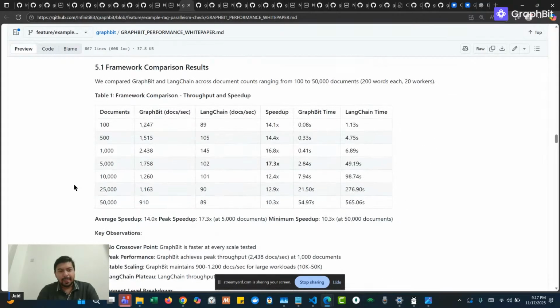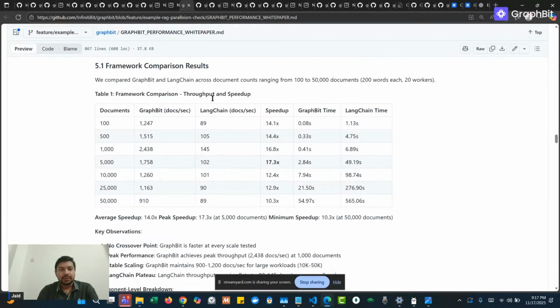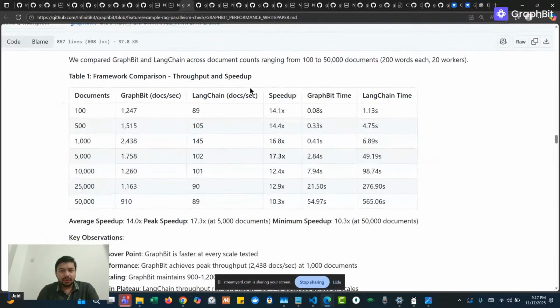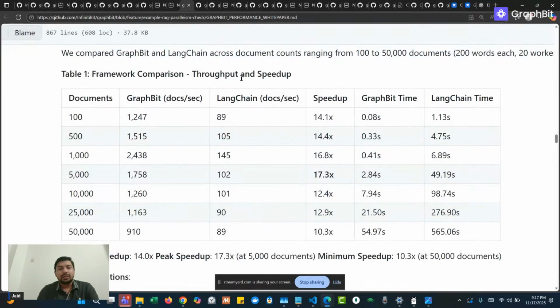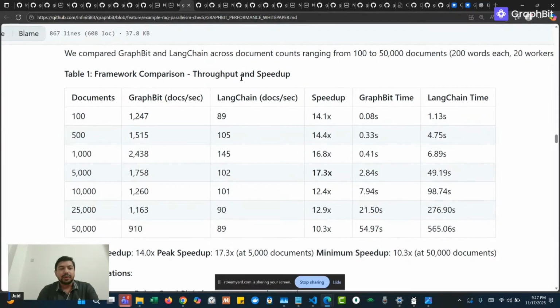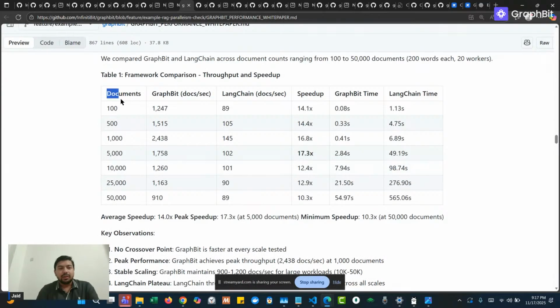You can see the benchmark comparison results collected on our remote server. In the benchmark framework table, you can see the comparison of throughput and speed. In the columns, you can see the document size, the performance analysis of GraphBit and LangChain, and the gains based on the speedups and the times.